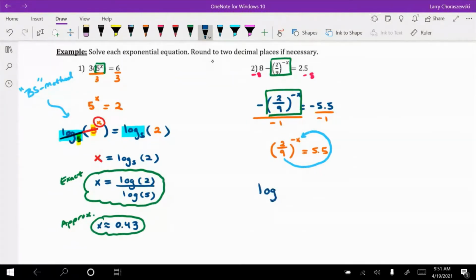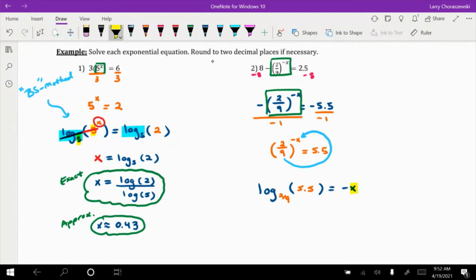So it becomes log base 2/9. What number is going to go in the argument, folks? 5.5, and then this will equal -x.